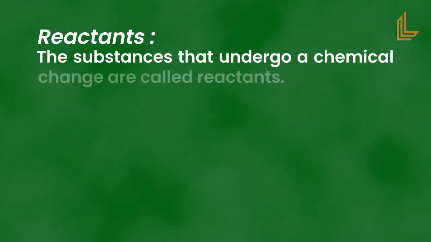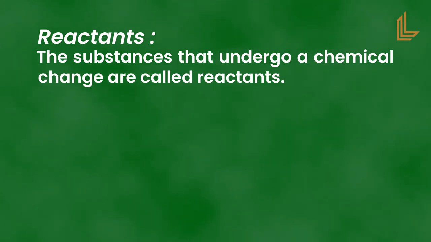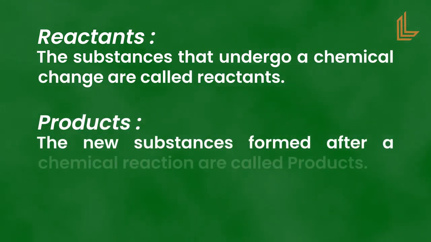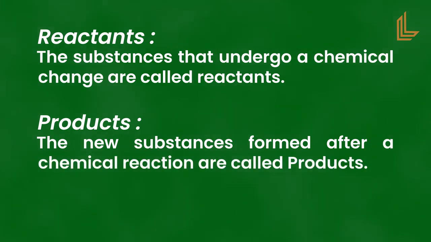Now, the substances which are present on the left hand side of the arrow are called reactants. Reactants are nothing but substances that undergo a chemical reaction. The substance that is formed after the chemical reaction is called a product.